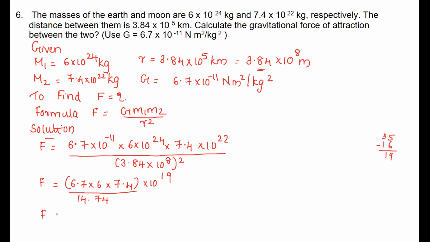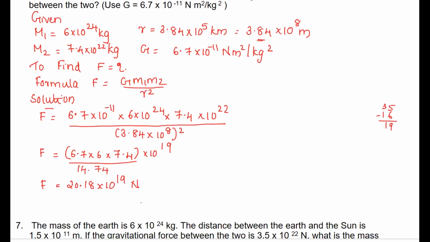On multiplying this 6.7 into 6 into 7.4, we will get 297.48. So 297.48 divided by 14.74 is 20.18 into 10 raised to 19 Newton. So this is the value of force.